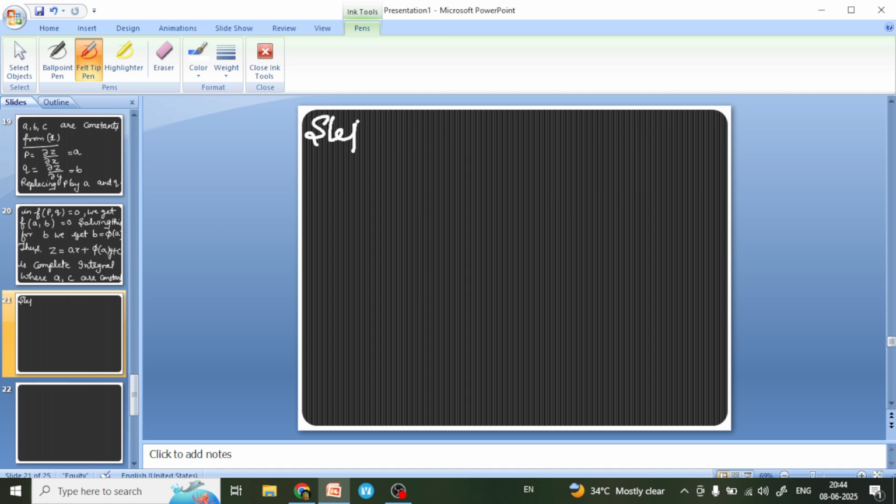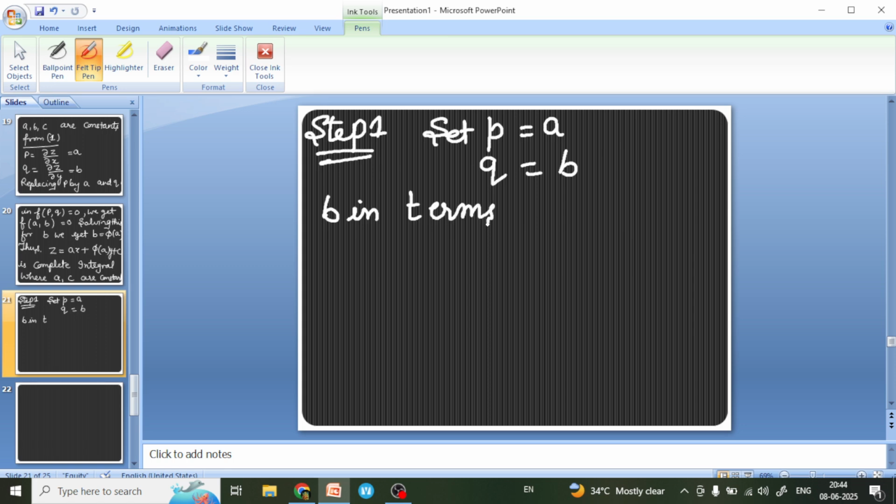In step 1, set p is equal to a, q is equal to b in the partial differential equation, and solve for b in terms of a and say b is equal to phi of a.